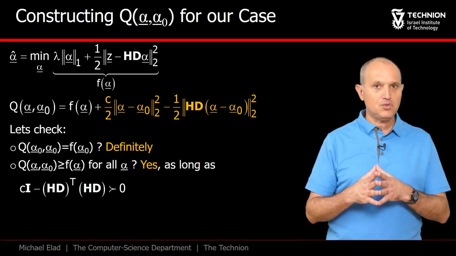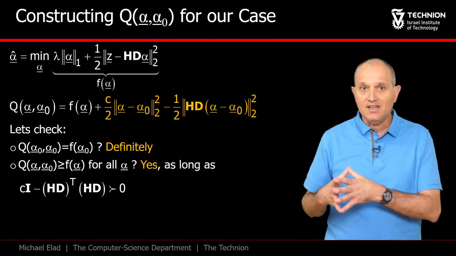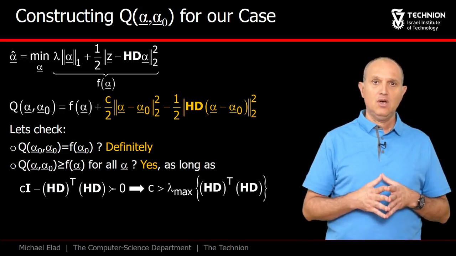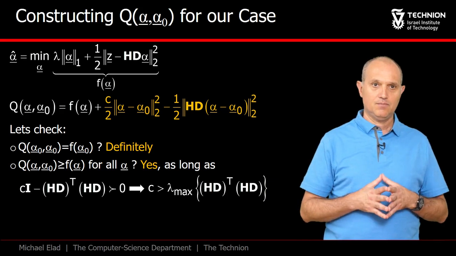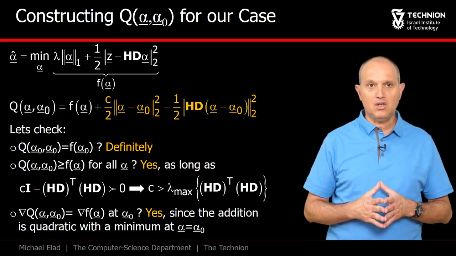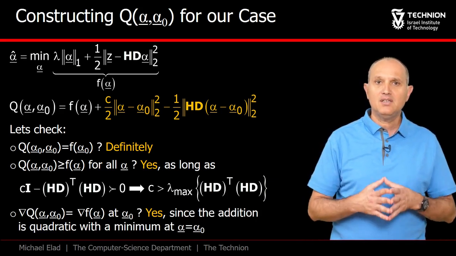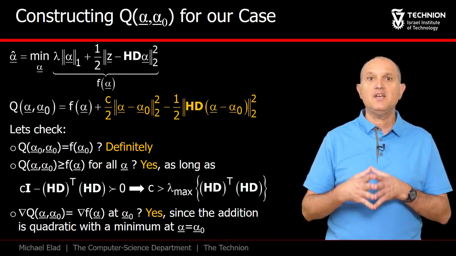The second condition is true if the quadratic part we added to f is never negative. This will be the case if its Hessian is positive definite, which leads to the condition you see here on the parameter c. The third condition regarding the slope around alpha 0 is met as well, since the additional part has a zero slope at alpha 0. So the choice of q we made is valid.